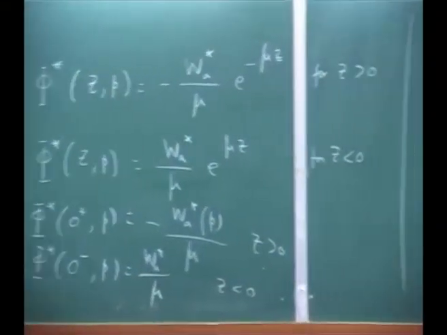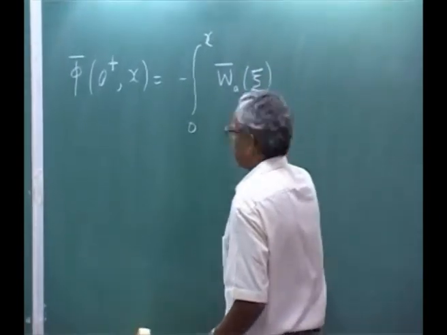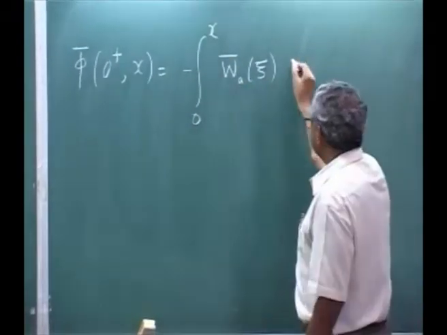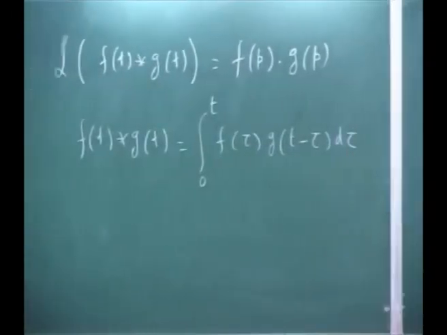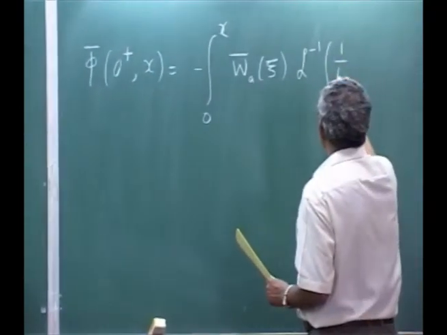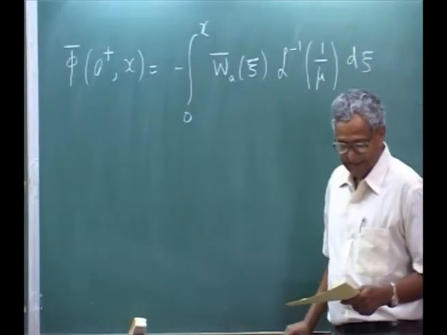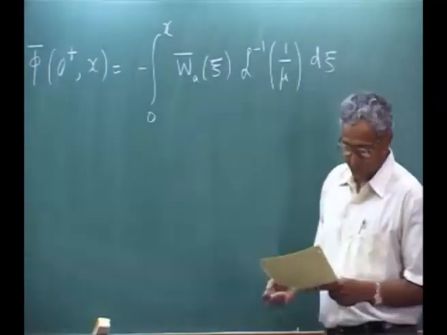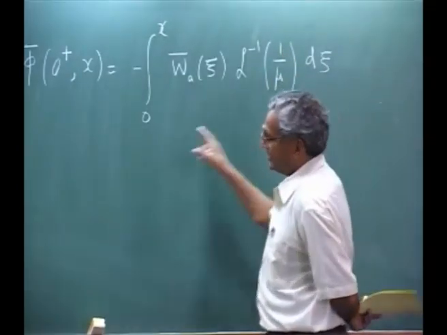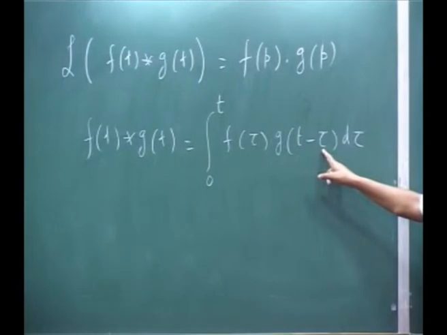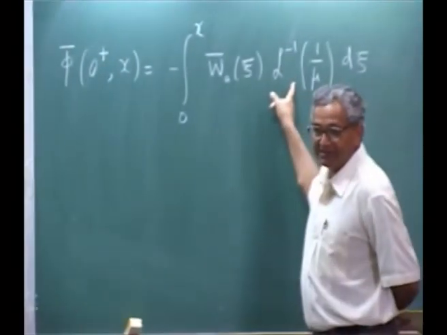And W a star will become W bar a, which is a function of some xi, because this x is going to be there, and then the Laplace inverse of 1 over mu, into d xi. Now the Laplace inverse of 1 over mu, please understand this, I have to have t minus tau, so I will have x minus xi when I write the Laplace inverse.